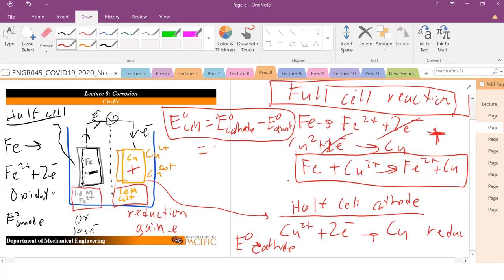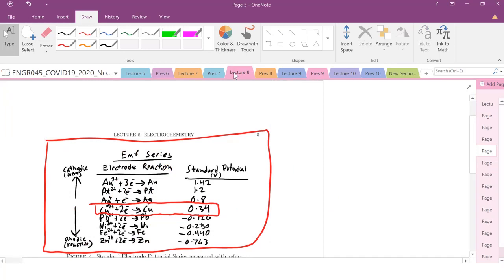So that is 0.34 minus, what is the reaction happening at the anode? What's our material we're working with? Iron. So iron's right here. So what's happening there? That is the potential for reduction. So again, you subtract this value here.